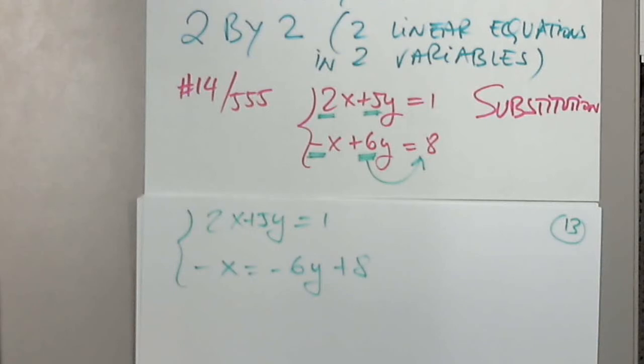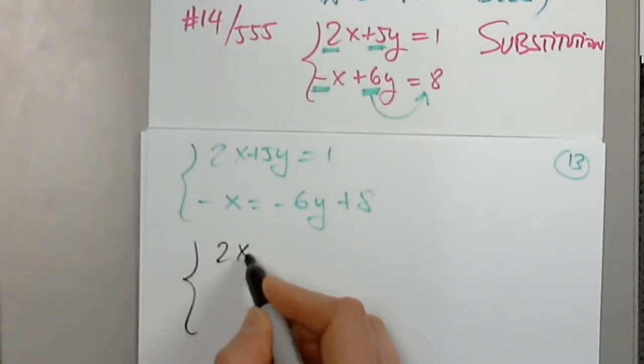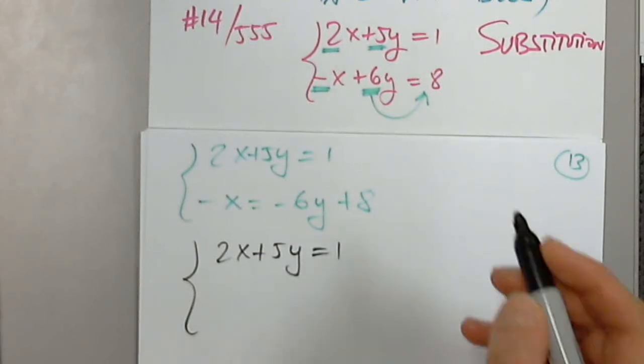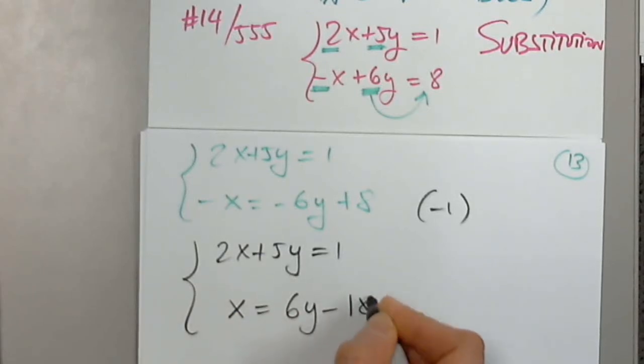Now the final step for the second equation is to multiply or divide both sides by -1, which is friendly, not a problem. I will copy the first equation again and multiply the second one both sides by -1. So I solved the second equation for x because I'm asked to use substitution.